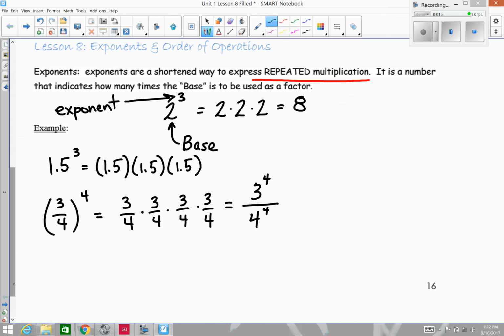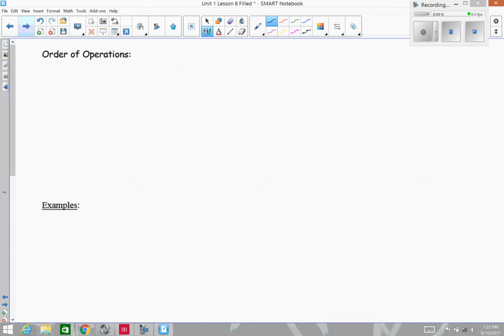All right, now we want to review our order of operations. So I'm going to turn the page here and talk about what order we perform our mathematical operations. Most of you remember PEMDAS. So I'm going to write that out in this way.